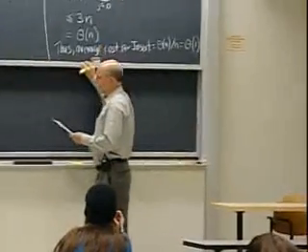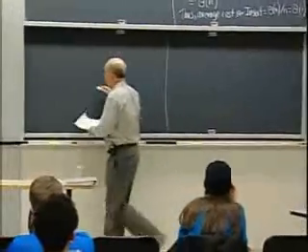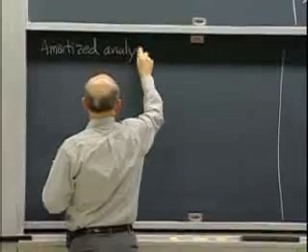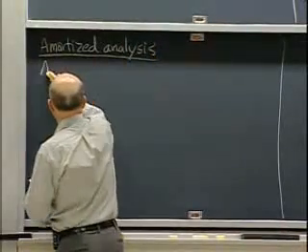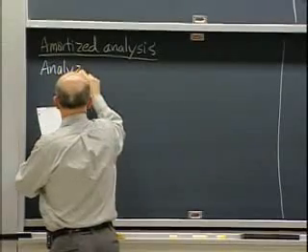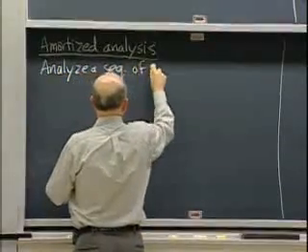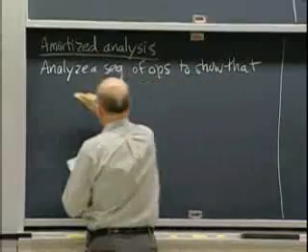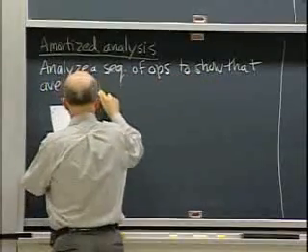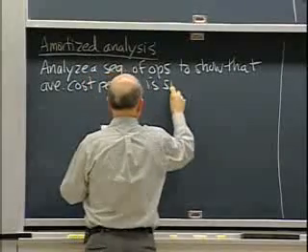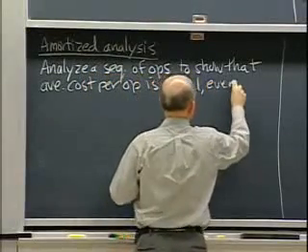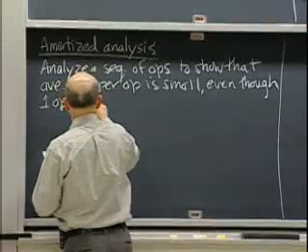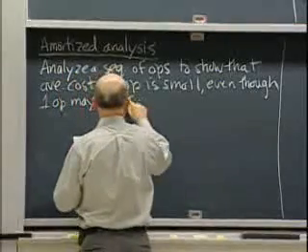So if we summarize that, in amortized analysis, we analyze a sequence of operations to show that the average cost per operation is small, even though one operation, or several even, may be expensive.